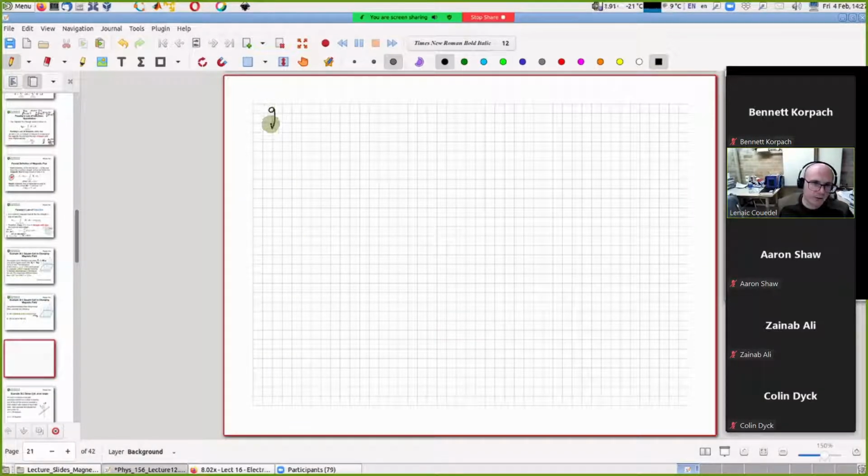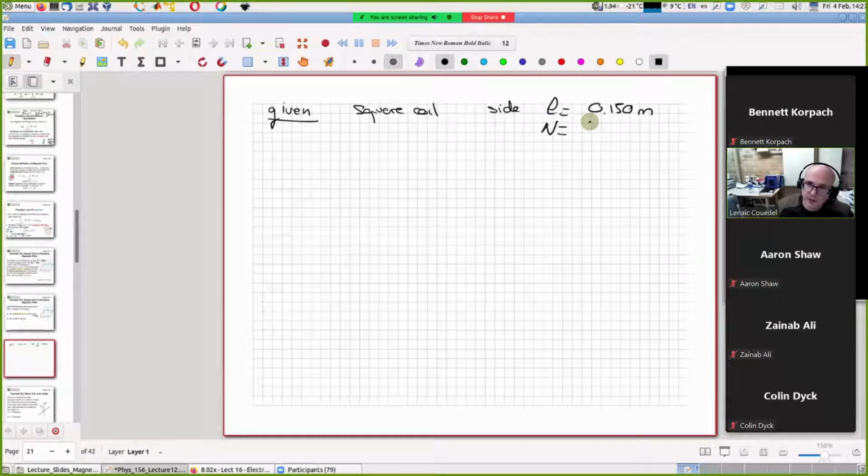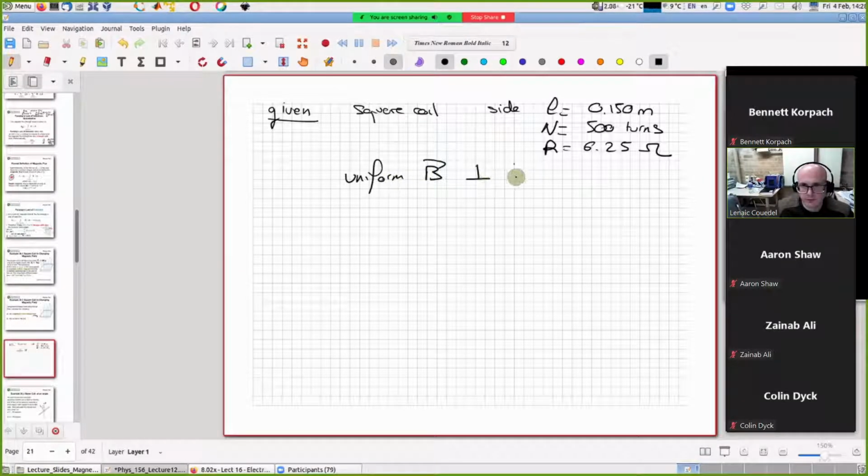So let me remind you of the given. We have a square coil, side L equal 0.150 meter. We have N equal 500 turns, and it has a resistance of 6.25 ohm. It's embedded in a uniform magnetic field perpendicular to the surface.